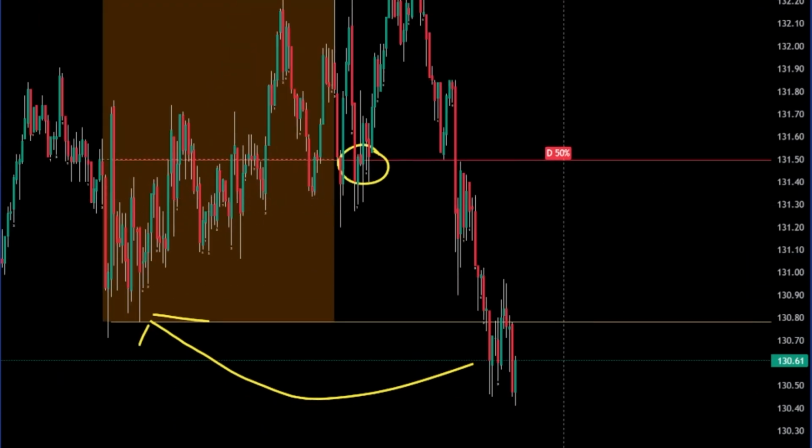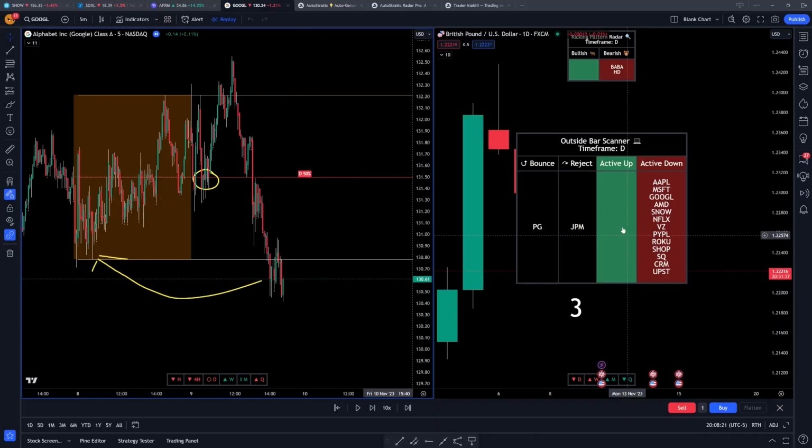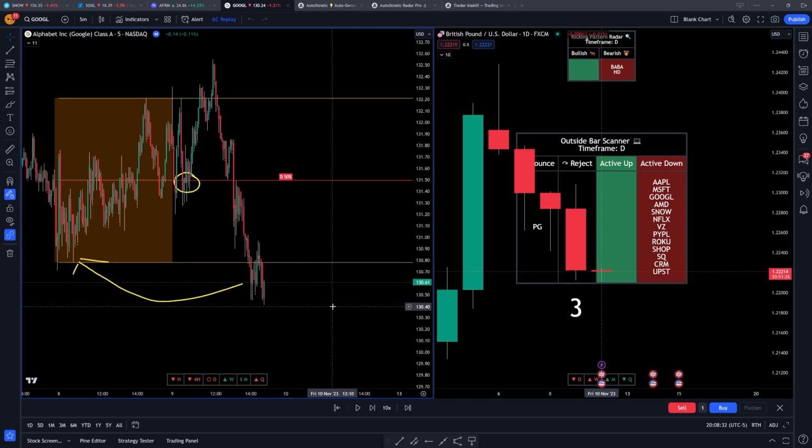And this can help you prevent getting shaken out, knowing this setup, as well as keeping this radar for the outside bar handy. Make sense, everyone? Starting to click some ideas if you didn't know what this was before.